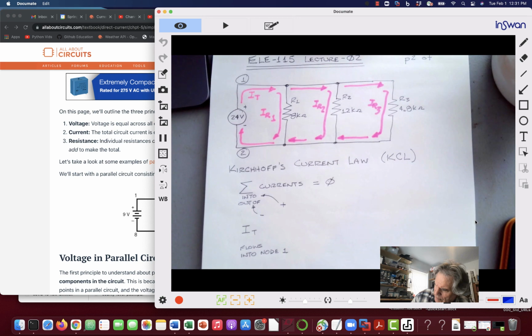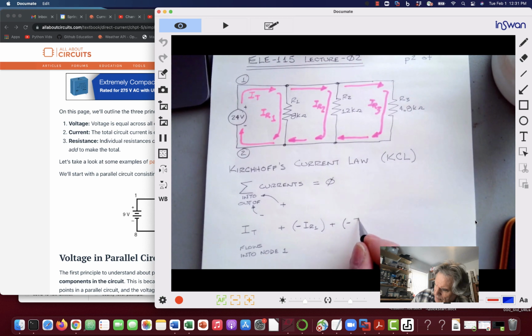All right, and so to that we're going to add negative IR1. I'm just being fancy here with the plus negative. We're going to add them all up. That's what sum means. Add them all up. So these guys we're going to make them negative.